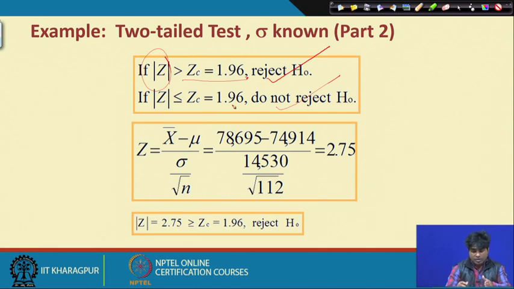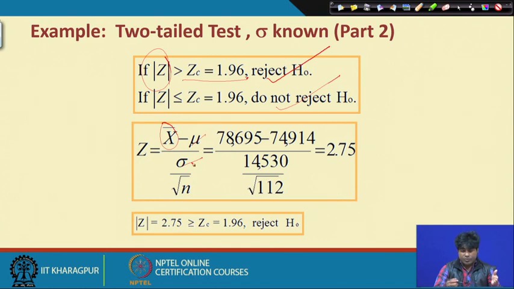Corresponding to this structure, the decision rule will be like this. In the particular example which you have already seen, this is the sample statistic, and mu and sigma are the population parameters, and this is the Z test formula, which we have already discussed in the last lecture.